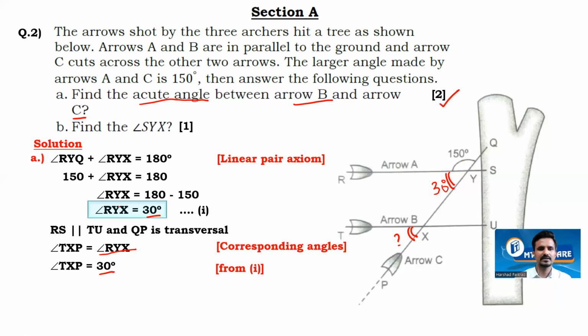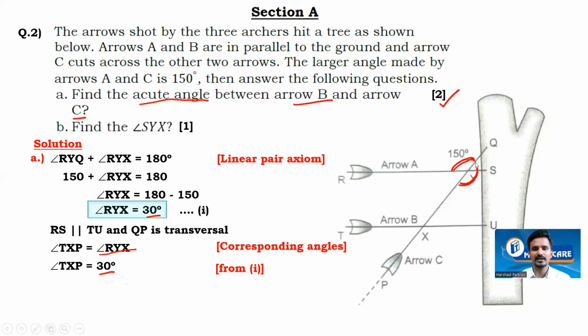In the second sub question, we have to find angle SYX. Now look at angle SYX carefully in the figure. We have angle SYX here. Now what can I say about this angle? Angle SYX is the vertically opposite angle of angle RYQ.